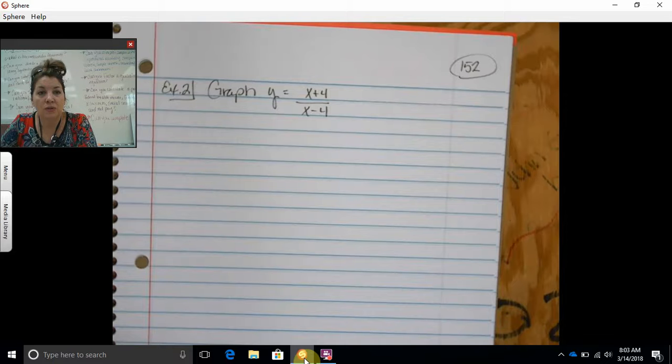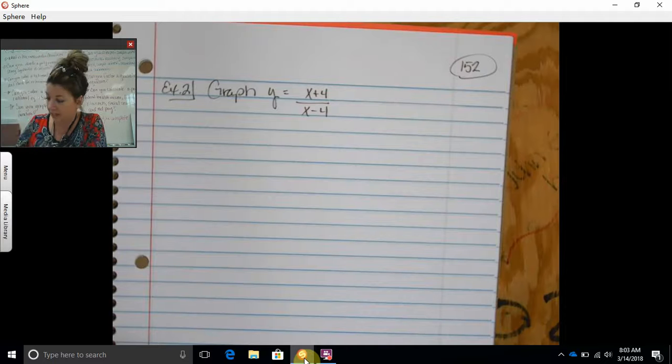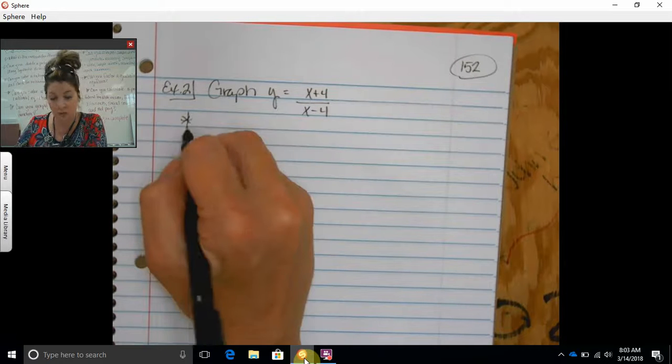Do you have anything that can factor? My numerator is linear, it's not factorable. There's not a GCF. My denominator is linear, there's no GCF, it's not factorable. They're not quadratics, they're not difference of squares, anything special. So I can't factor anything, so yay, we'll just move on.